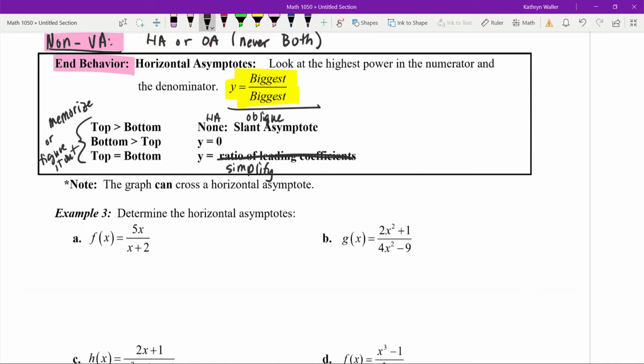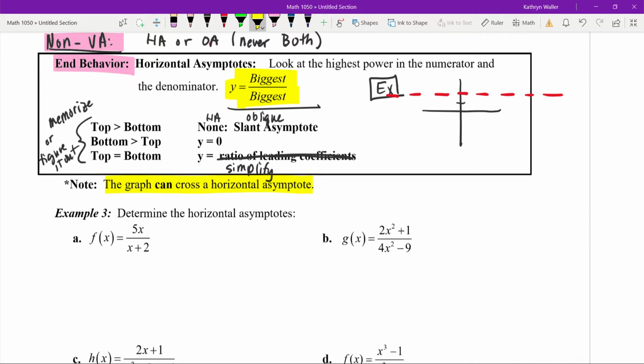Okay? All right, let's go ahead and do this nice and slowly. Actually, one more thing I want to say to you. Add a little example right here, and just draw an XY axis. I want you to go up 2, and I want you to draw in a horizontal asymptote. That would be your non-vertical asymptote. What I need you to understand is you can cross a non-vertical asymptote.